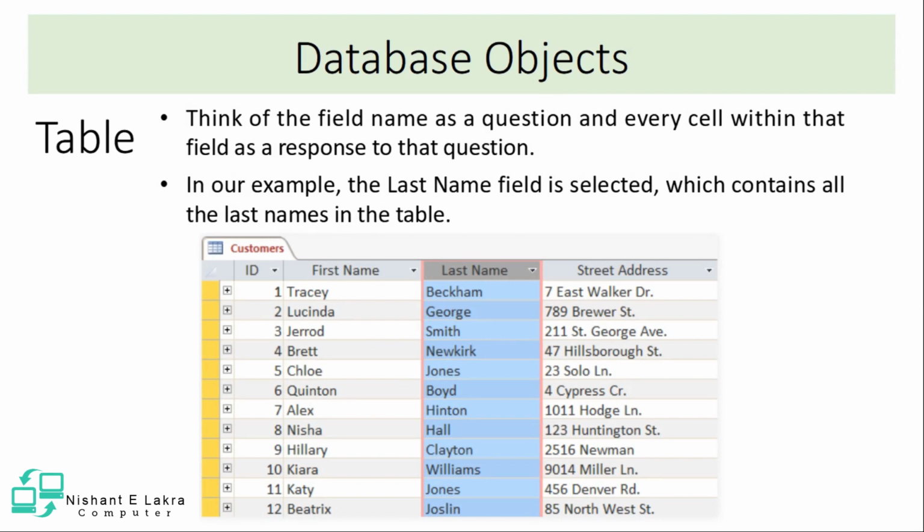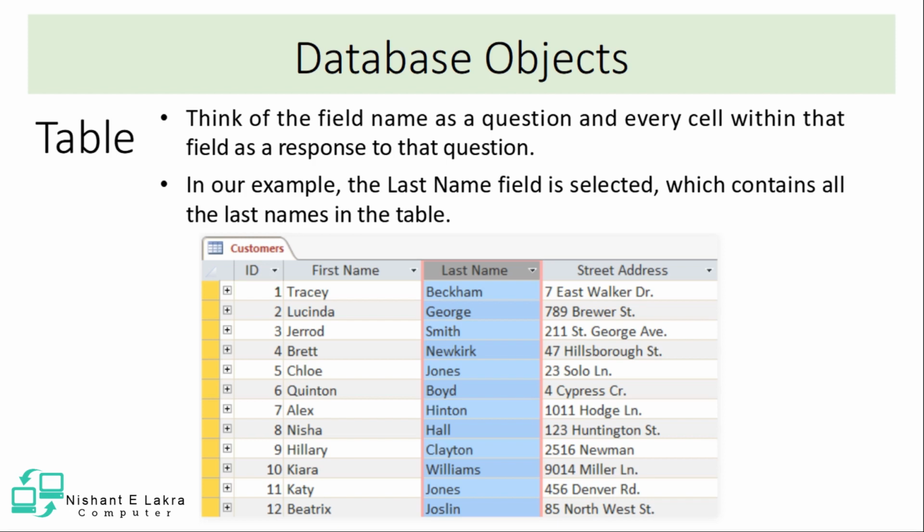Think of the field name as a question and every cell within that field as the answer, a response to that question. For example, you can see here that last name is the field name, and all the information contained in the cells of this field is the response to the question.